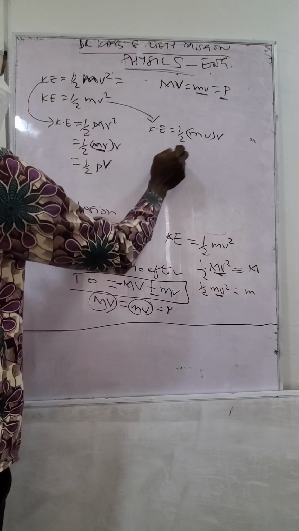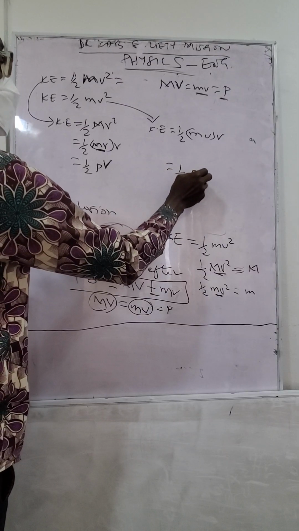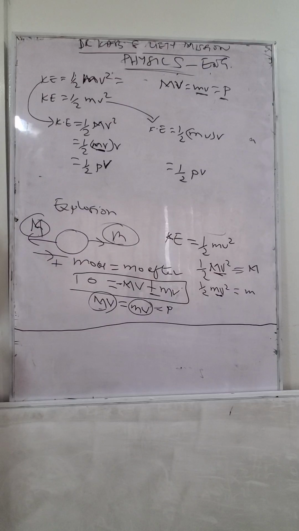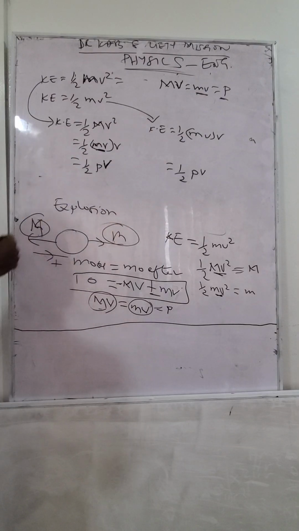Then this is going to give us half P small v. Okay, right. So if you divide the two equations, then the velocities will be inversely proportional to each other. That is one thing that we can notice from here.